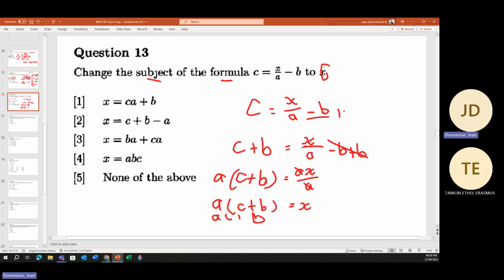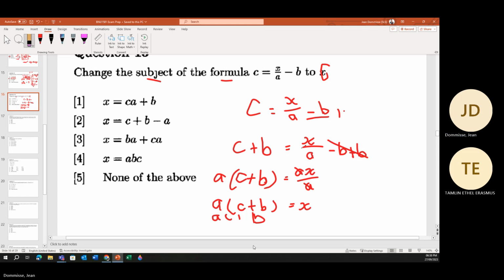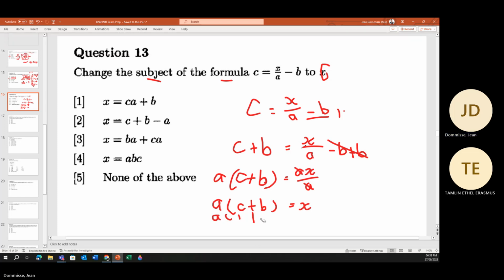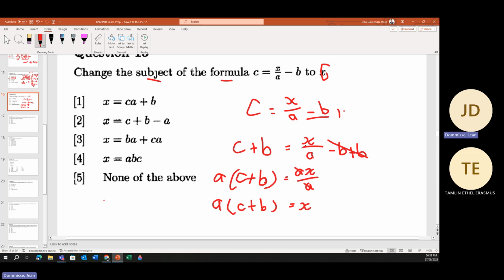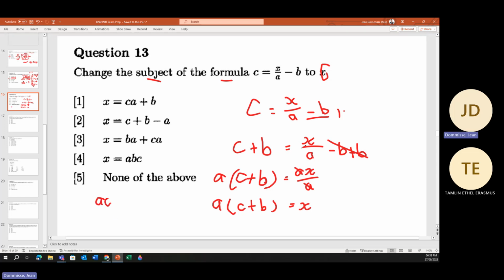I really don't know why it's not working so nicely. So let's just draw it out here. So a times c plus a times b is equal to x. Okay, so there's a times b, a times c, so our option will be option 3.